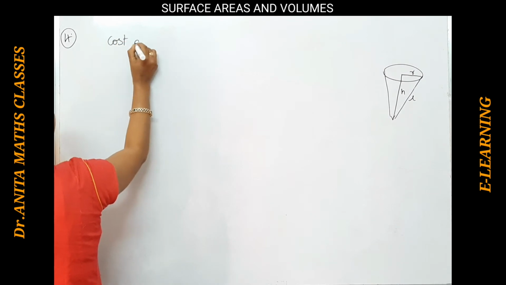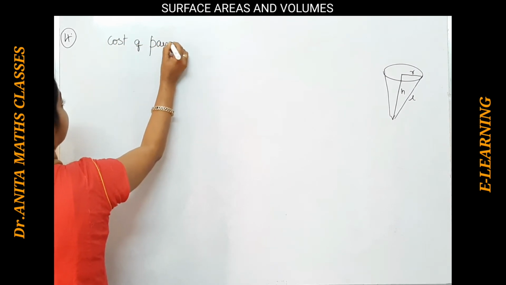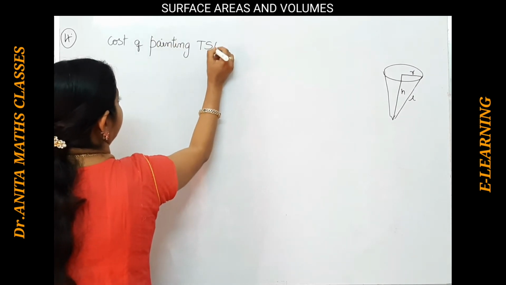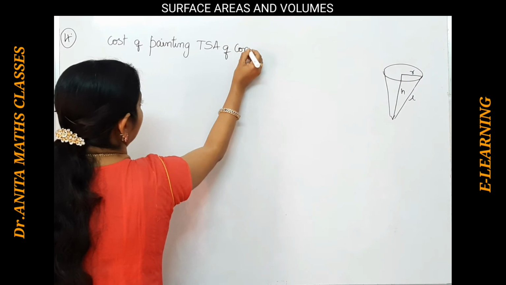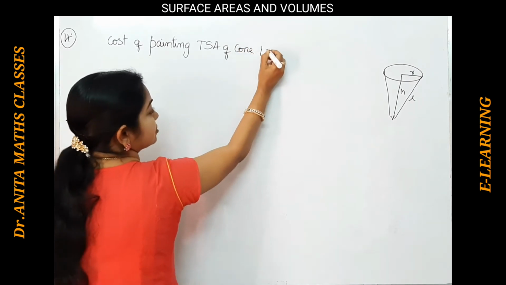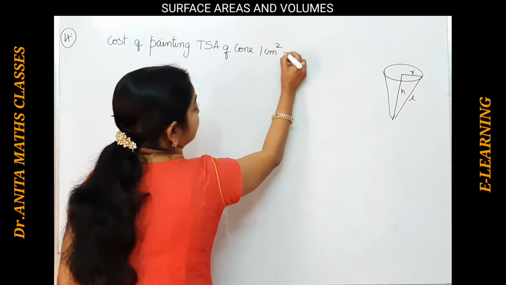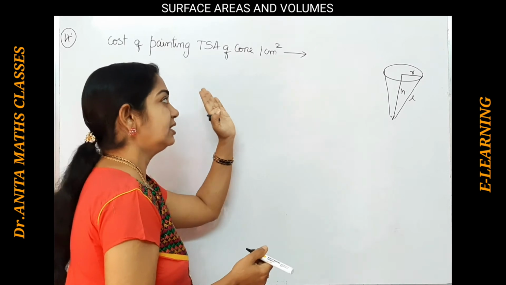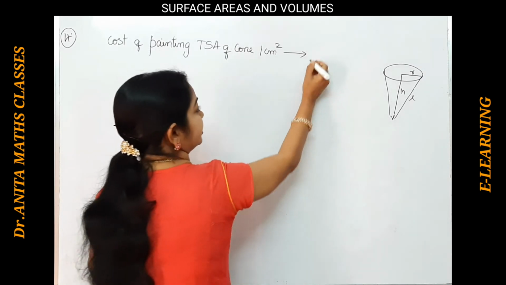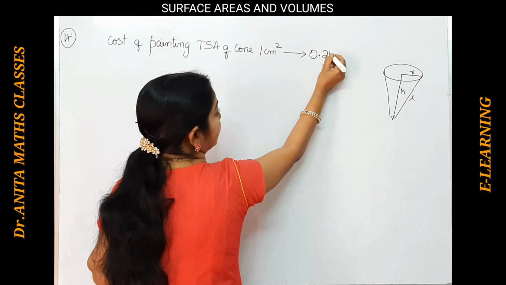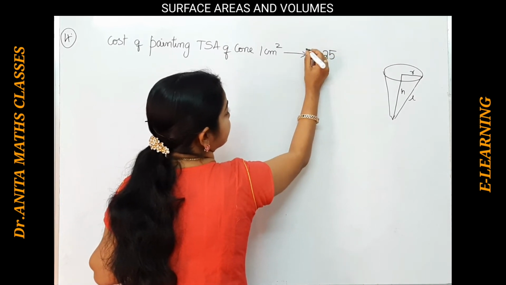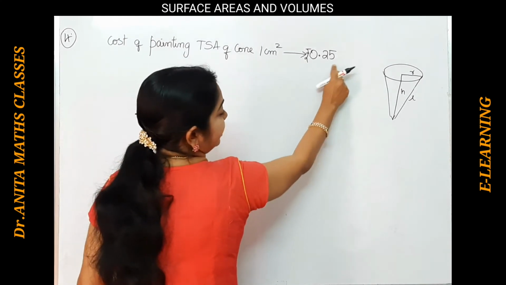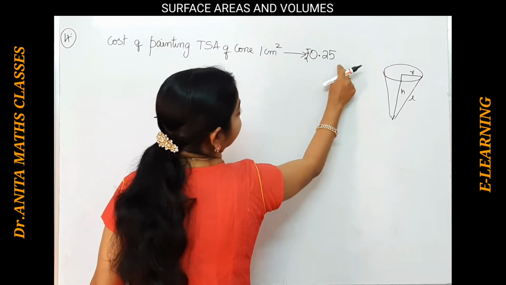Cost of painting TSA of cone, that means the whole of the cone, for 1 square centimeter cost is 25 paisa, but the total surface area is given in rupees, so we will shift 25 paisa into rupees, that is nothing but 0.25 rupees, because 100 paisa makes 1 rupee, right? So 25 paisa I have shifted into 0.25 rupees.